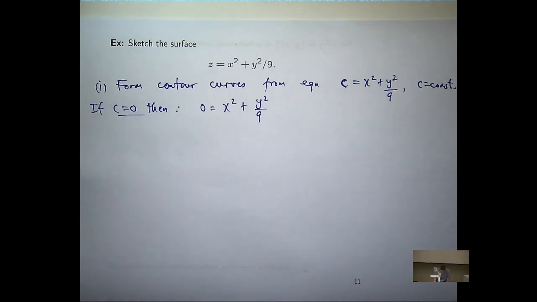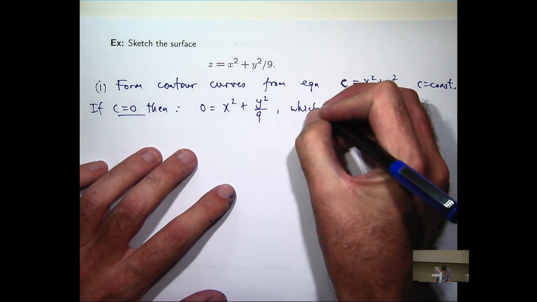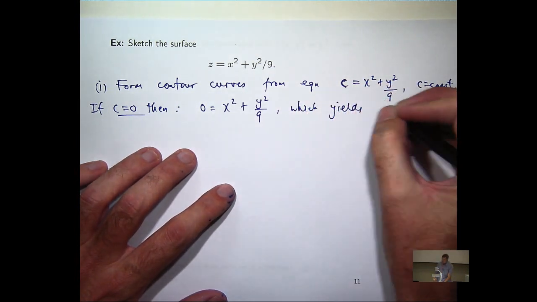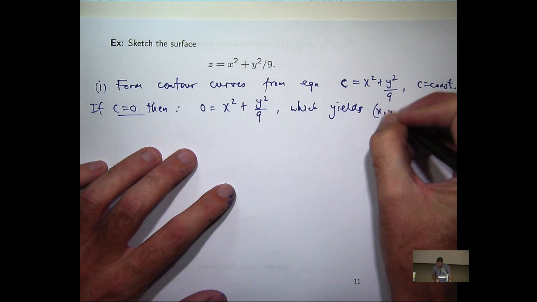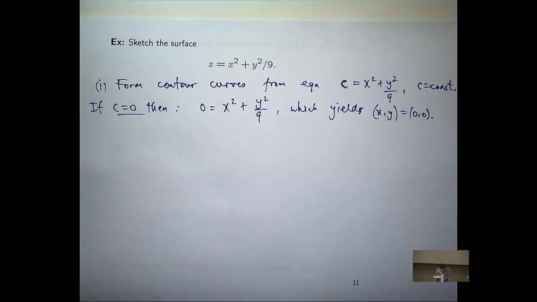Right, x equals 0, y equals 0. That's the only explanation. So our curve of intersection isn't really a curve at all, it's just a point.